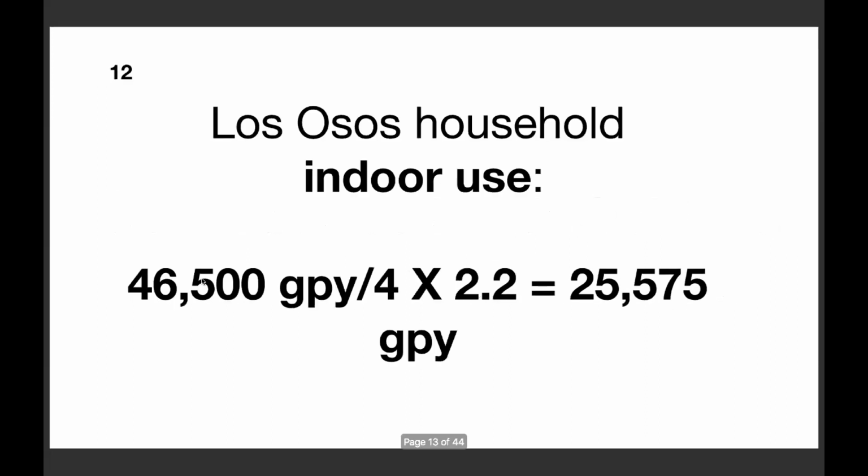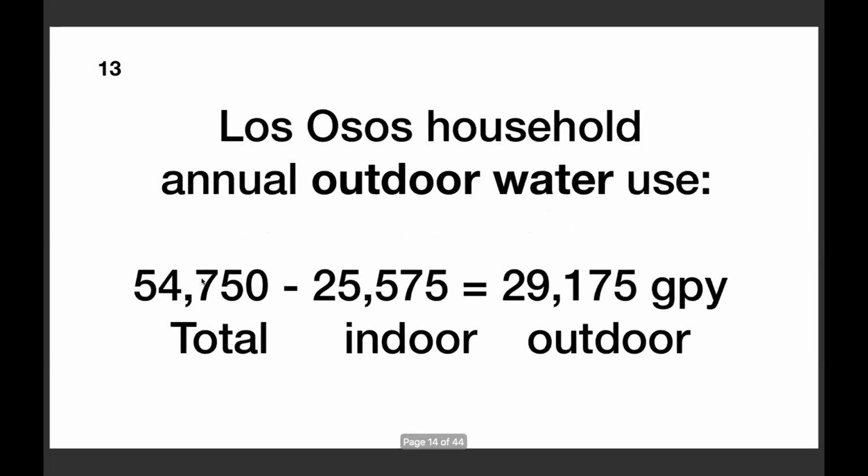So 2.2 people would use less than 26,000 gallons per year indoors. One can figure outdoor water use in Los Osos by subtracting the indoor use from the total water use, giving us an assumed 29,000 gallons of annual outdoor water use.